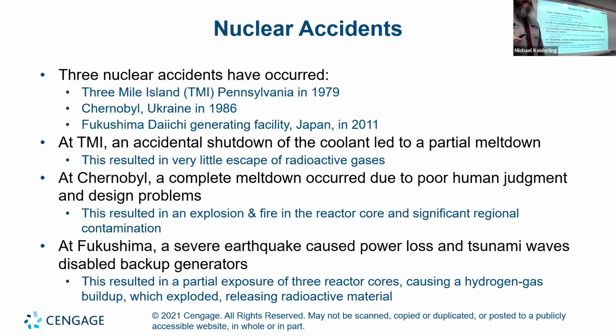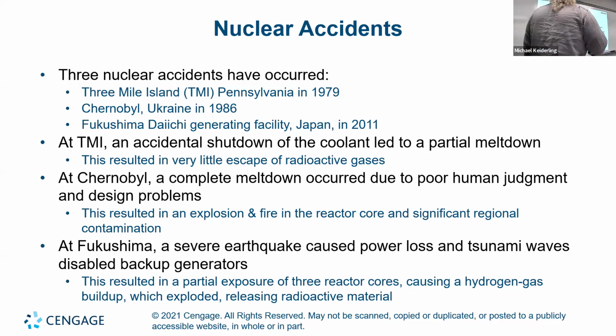There are 3 well-known nuclear accidents that have ever occurred. Three Mile Island, an accidental shutdown of coolant led to a partial meltdown. This resulted in very little escape of radioactive gases. Basically, nobody was affected. And we learned about interface design, because that accident was caused by the fact that there were too many warnings and they were really confusing, and the controls were really hard to understand.